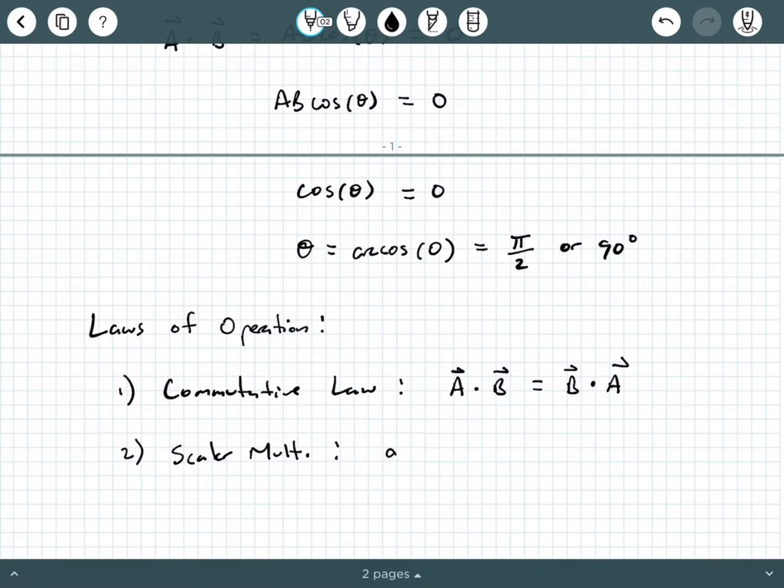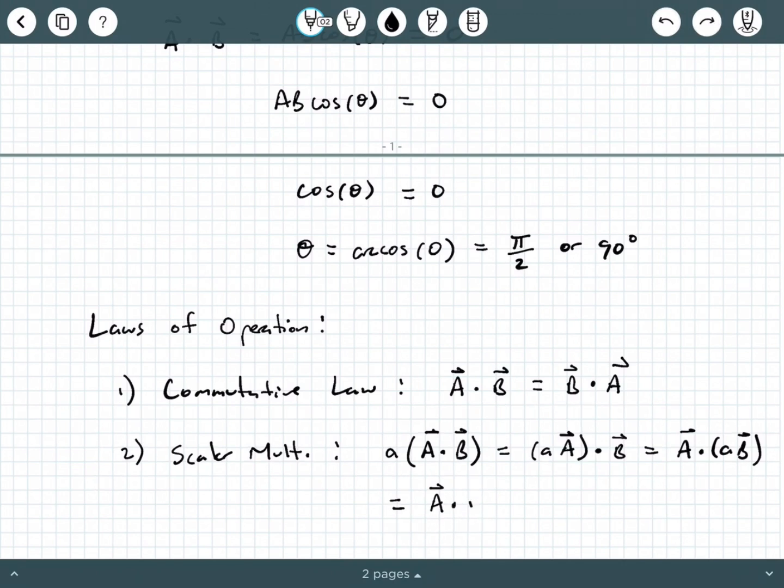So what we're saying is if we have a scalar little a and we multiply that by A dot B, vector A dot vector B, this would be the same thing as if you grouped little a times vector A and you dotted that with vector B. And that would also be the same thing as if you grouped vector A dotted with the grouping of scalar little a times vector B. And also that could be the same thing as vector A dot vector B times little a with a right multiplication.